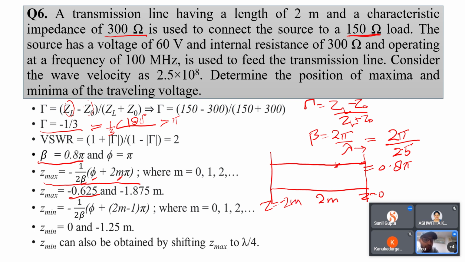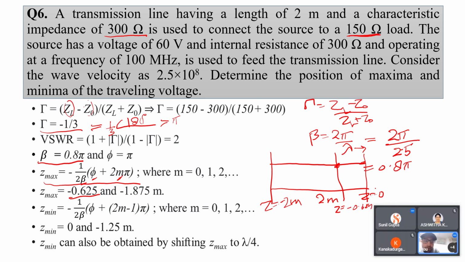So the first maxima you will obtain at z equals minus 0.625. Then you have to check for another value of m, because there may be a chance that maxima will occur at some other point as well.